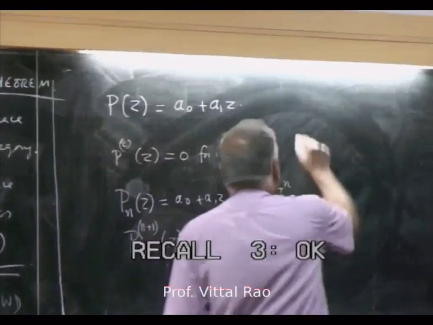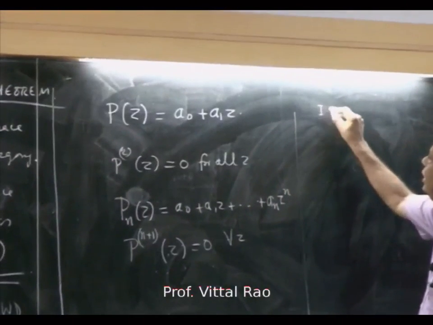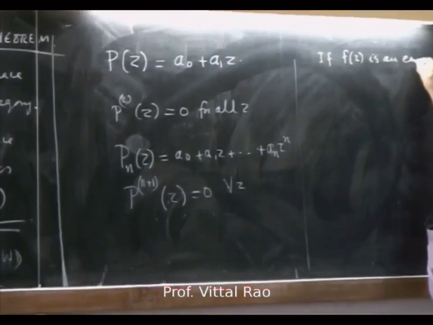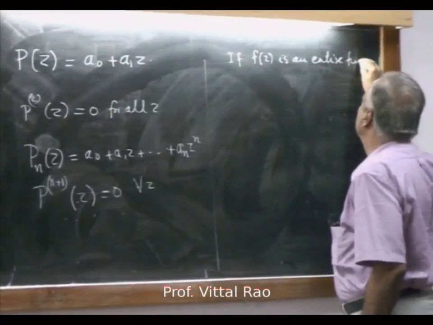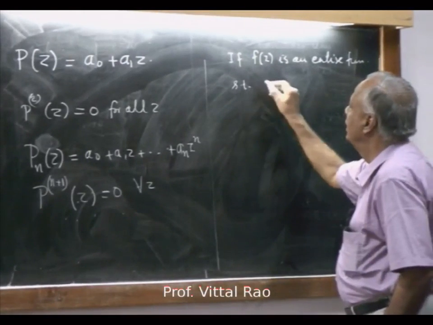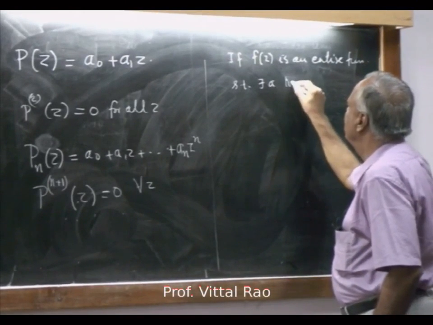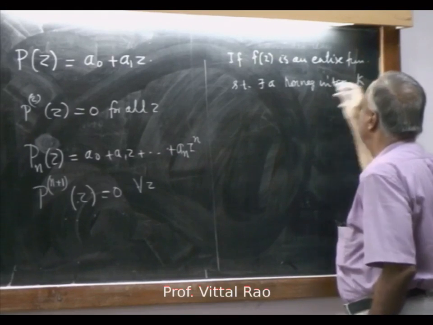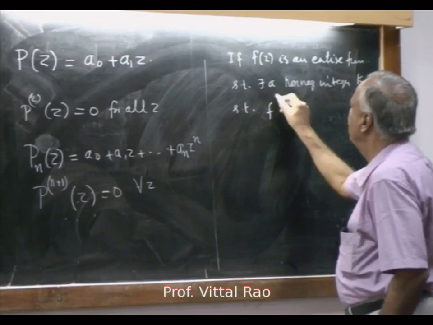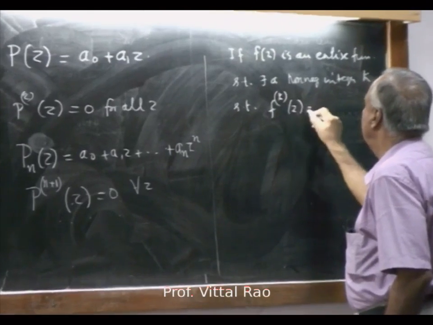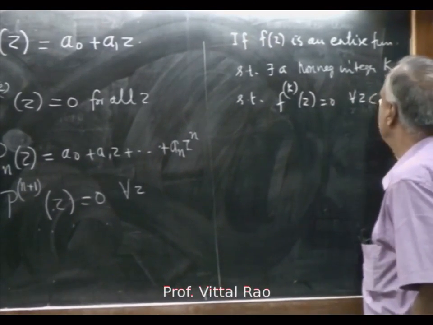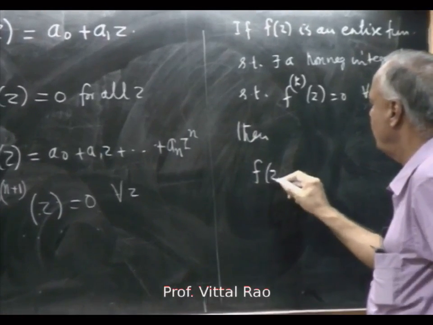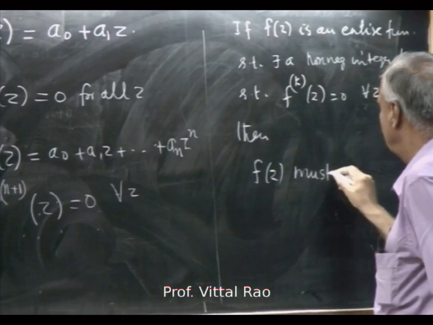So therefore, if f is an entire function, and there exists a non-negative integer k such that the kth derivative is equal to 0 for every z in C, then the conclusion is f(z) must be a polynomial.